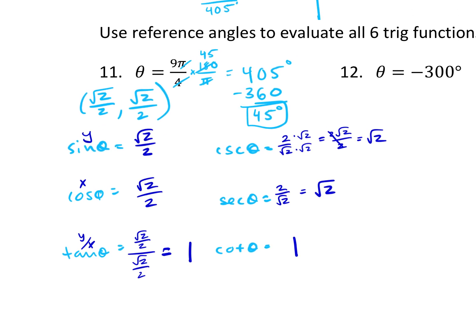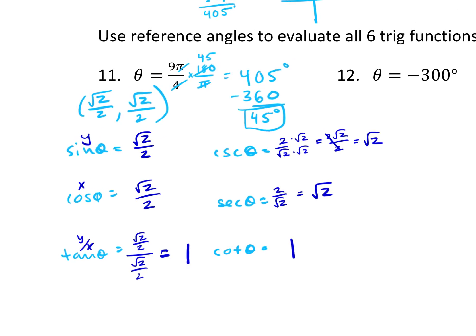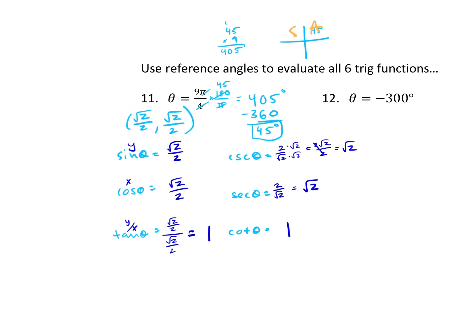Now the very last thing we have to do is check the signs. All students take calculus. What quadrant is 405 degrees in? Quadrant 1. What's positive in quadrant 1? Everything. All of them are positive.